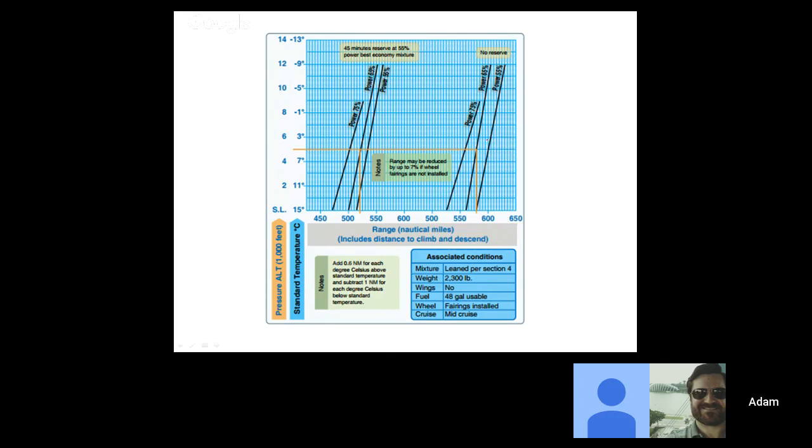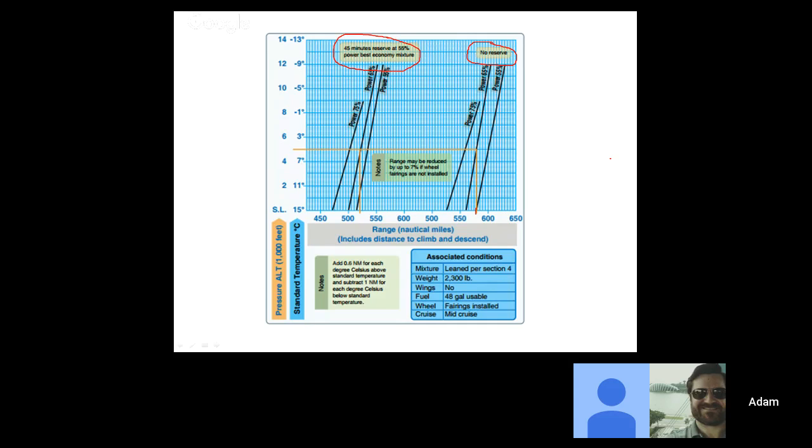If you notice, this chart has two different sets of lines: one for a 45-minute fuel reserve and one for full tanks, meaning you will fall out of the sky, your engine will stop working at that point.